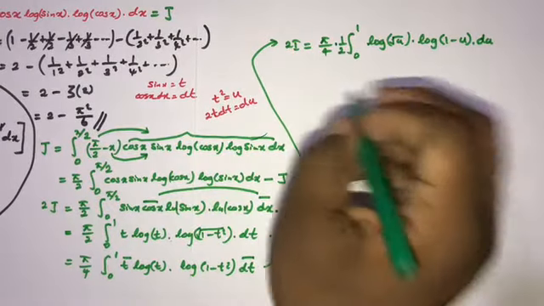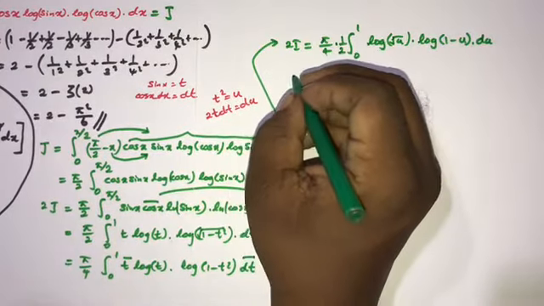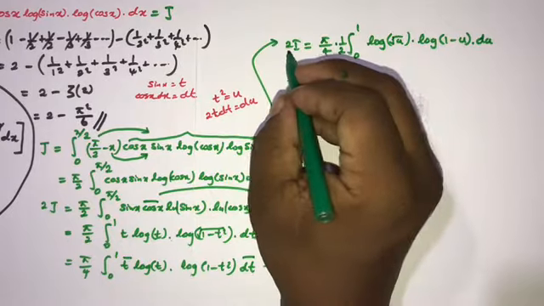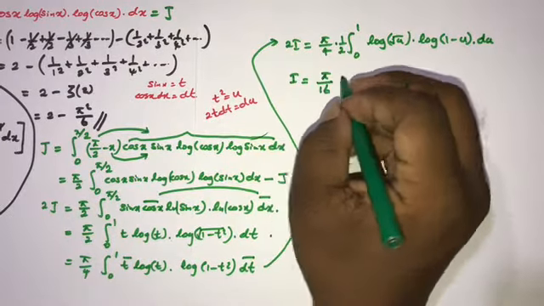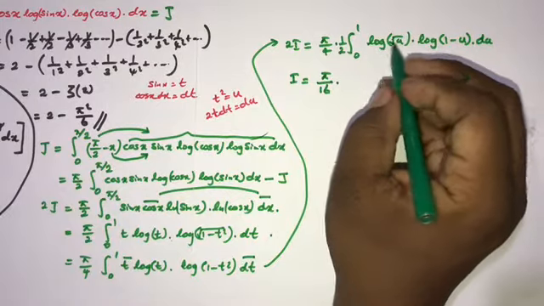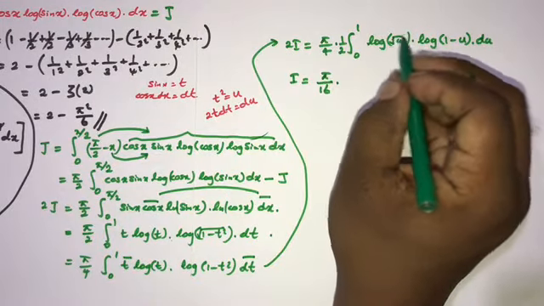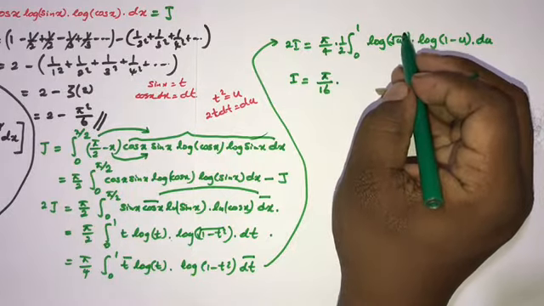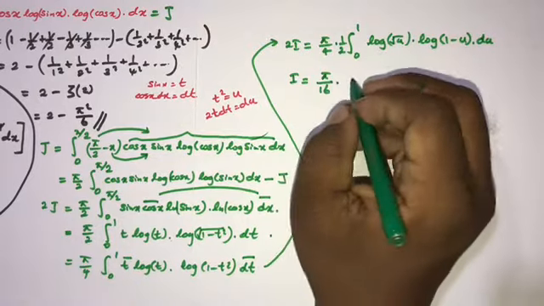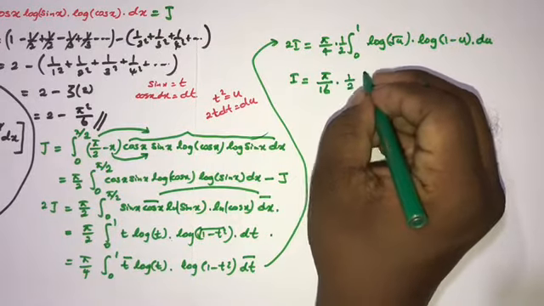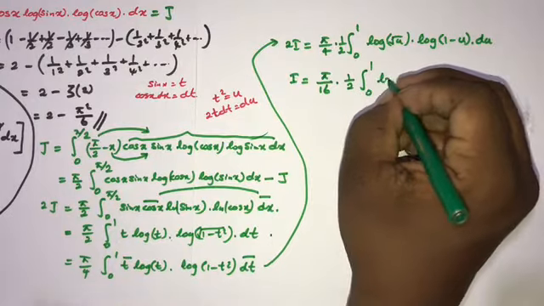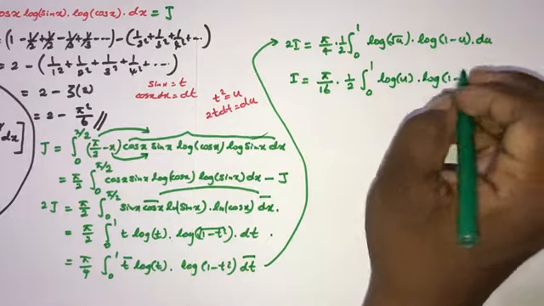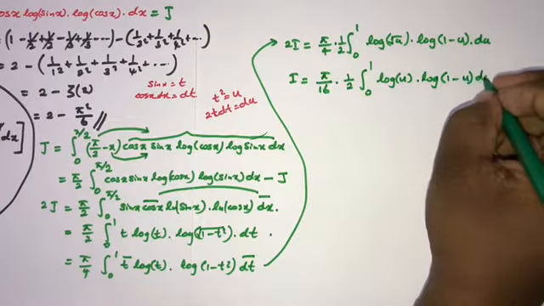Okay, then here we know this is 2J. So J is equal to now π over, 4 times 2 is 8, 8 times 2 is 16, so π over 16. And here again we have natural log of square root, so we can write this as natural log of u, and this 1/2 power we can write in front of the natural log. So here again 1/2 integral from 0 to 1 of natural log of u times natural log of 1 minus u du.